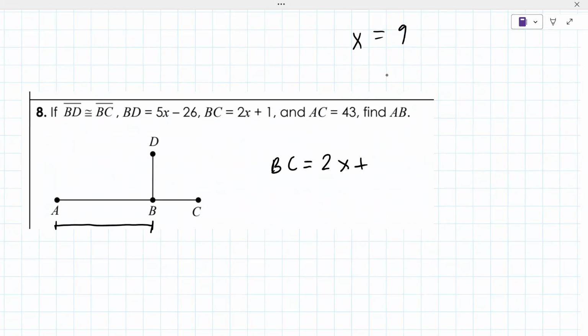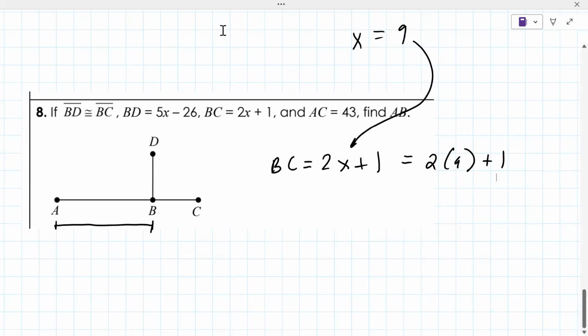BC is 2x plus 1. Since x is 9, BC is 2 times 9 plus 1. Can you calculate that for us, please? 2 times 9 plus 1 is 19. It is 19. Yes. Okay.